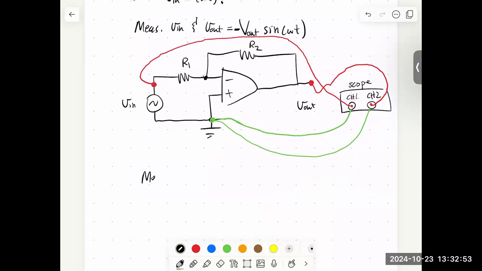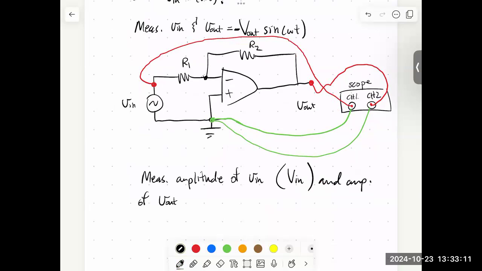So we will measure the amplitude of V in. And the amplitude of V in is just what I said was capital V. And the amplitude of V out, which we'll use capital V out for that amplitude, as a function of frequency.